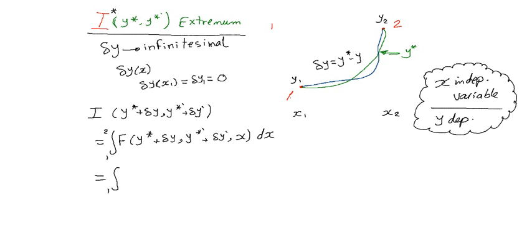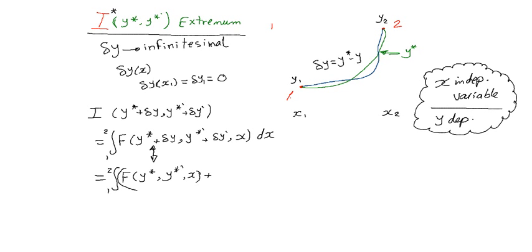The integral will be from 1 to 2, however, f will be equal to f of y star, y star prime, x dx. Of course, now you can object because this one is not equal to this one. Yes, but I'm not finished yet.